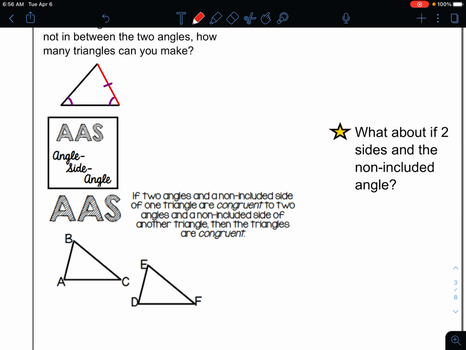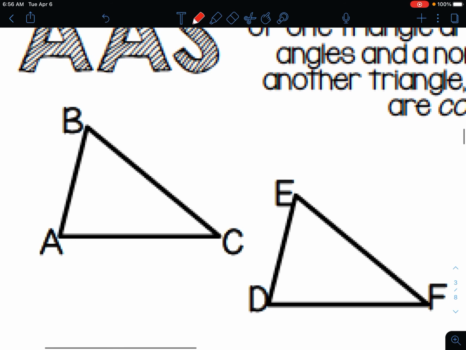All right? Angle, angle, side is where we have two angles given and the excluded, or non-included, side, okay? So what that's going to look like, we could have two angles. This is the included side. So if it's not that one, if they give us two angles and a side, we're good to go. The excluded side would be either BC or AC. Doesn't matter which one of the two, right? So we have the angle, the other angle, and then one of the two sides would have to be congruent.